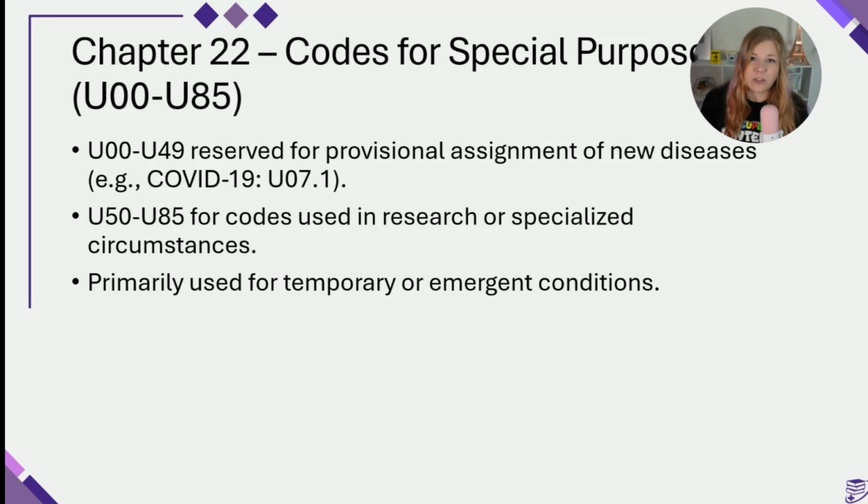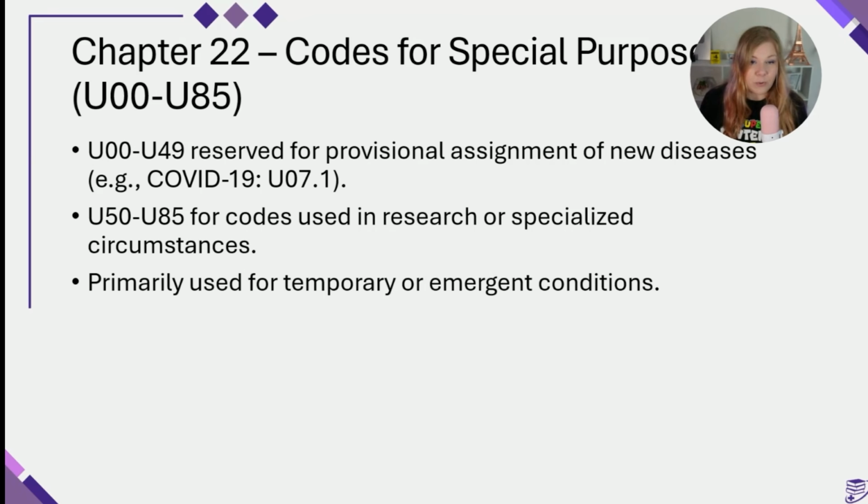So it's important to understand them, and especially the context of how they impact public health and new health threats. Codes in the U50 through U85 range are primarily for research and specialized purposes. So again, they probably won't be used frequently on the CPC exam.